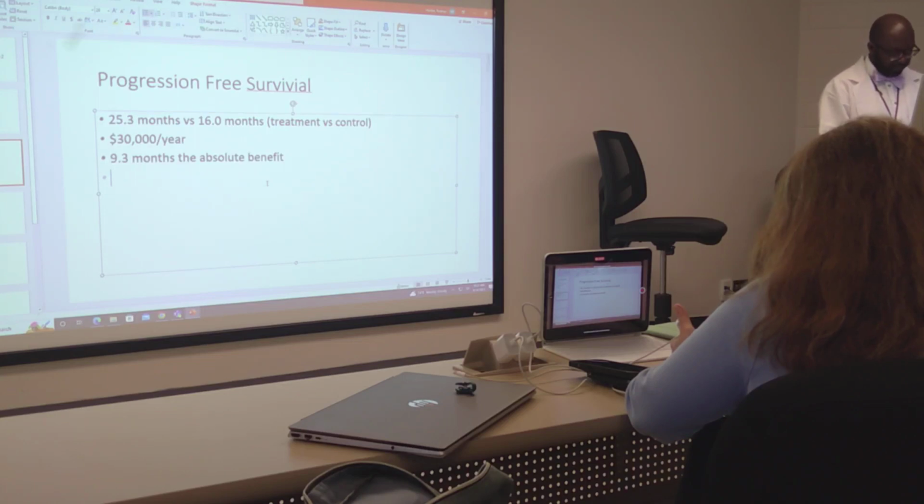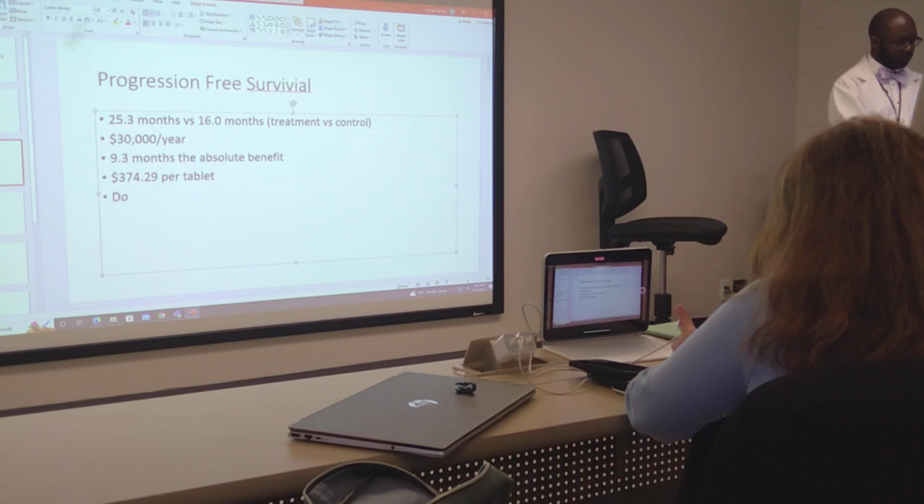But a big part is the cost. So for ribociclib, you're looking at $374.29 per tablet.